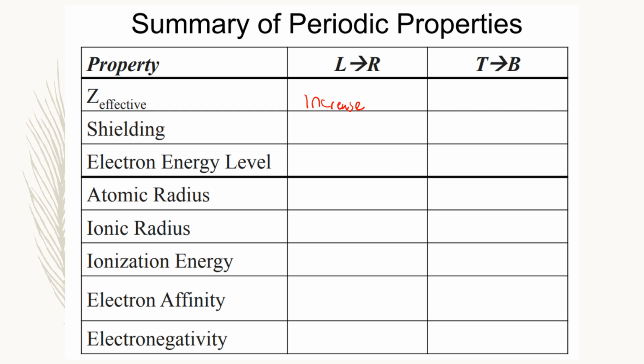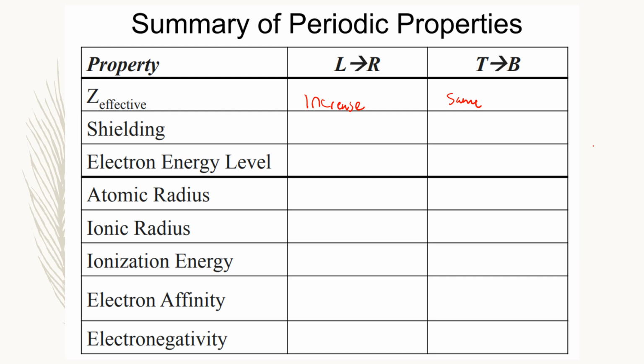The Z effective from top to bottom, again, disregarding the Slater rule, we are going to have this stay the same. So have an increase in the number of protons that's proportional to the increase in the number of electrons that are in the core shells. Valence electrons stay the same, so therefore the Z effective stays the same.